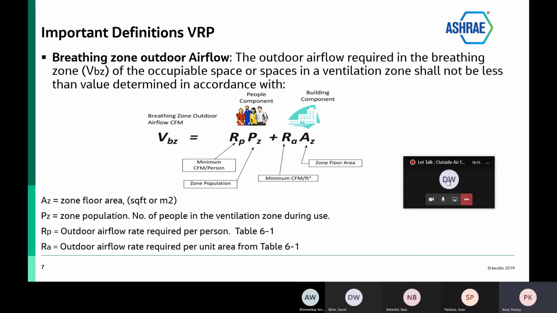Similarly, the Ra values, which is your minimum CFM per square foot, and the Rp values, which is the minimum CFM per person, are constants which you're going to find in Table 6.1, so we would not have to worry. It's particularly focused on what kind of occupancy description it is, whether a laboratory, a computer lab, or a classroom. So we will just need to find it in that table.